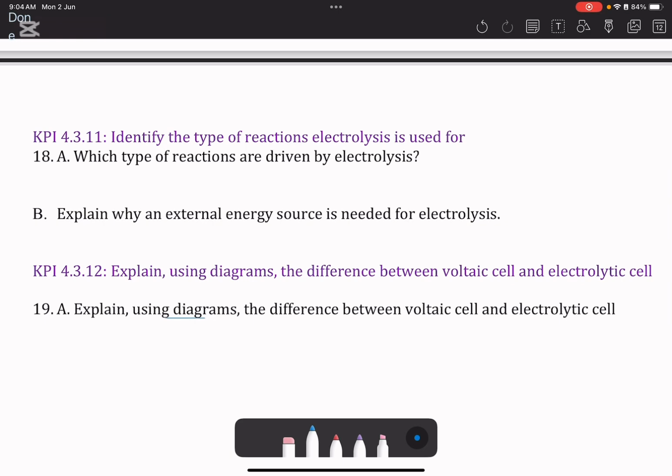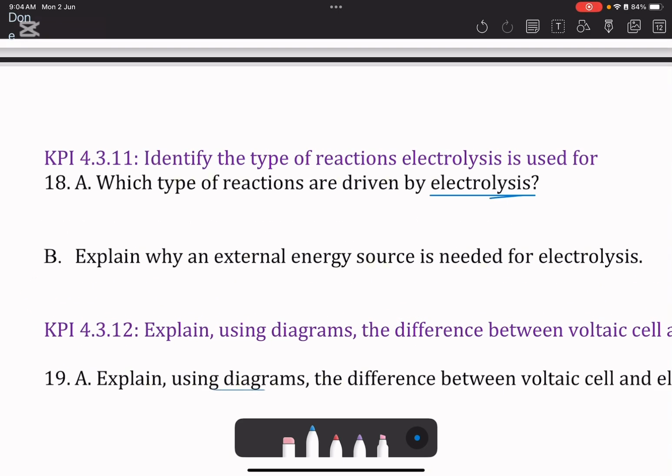Moving on, which type of reactions are driven by electrolysis? Electrolysis is a reaction that uses a battery or a power source to drive a non-spontaneous reaction to happen.